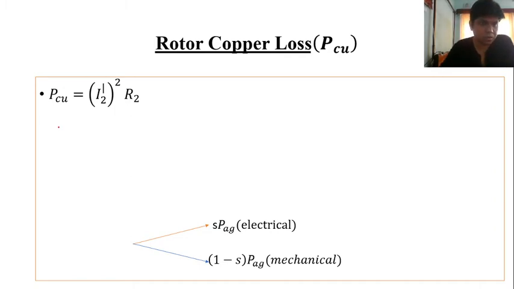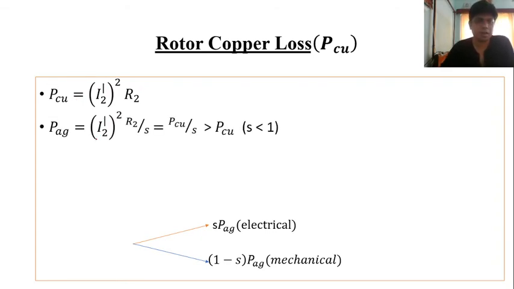So the expression of the rotor copper loss is I2 dash square into R2. Right. Now we know the expression of the air gap power: it is the power dissipated across the resistance R2 by S. So in the expression of the air gap power, the numerator shows the copper loss.